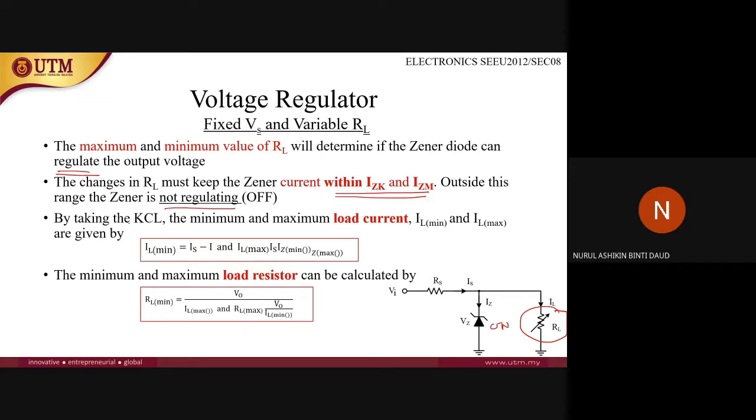By taking KCL, Kirchhoff's law, the minimum and maximum load current, IL minimum and IL maximum, are given by IL minimum equals IS minus IZ maximum, and IL maximum equals IS minus IZ minimum. Why is it lost here?